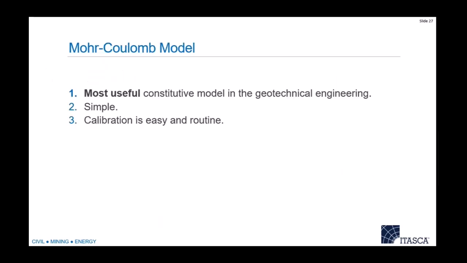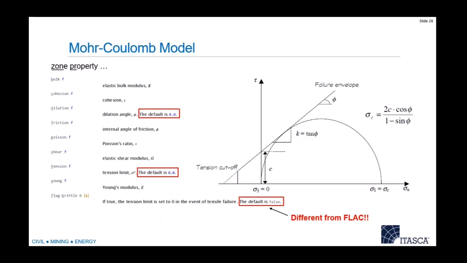Mohr-Coulomb model, again, is the workhorse of constitutive models, and most people are familiar with this. Just to throw up the reminder plot here, most of the time when people are talking about Mohr-Coulomb, they're plotting shear stress versus normal stress. That's some sort of failure envelope.